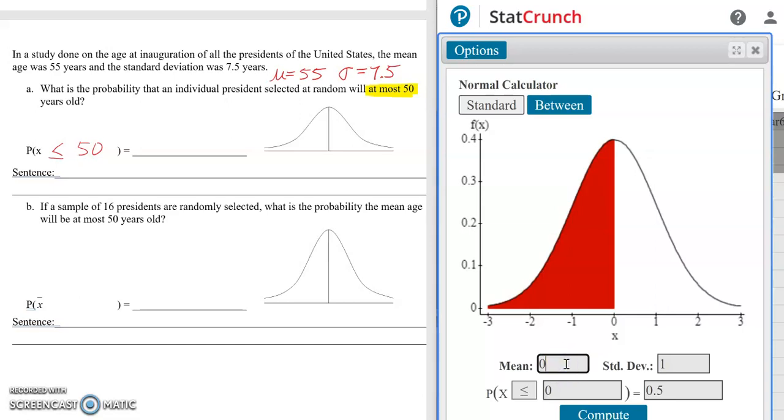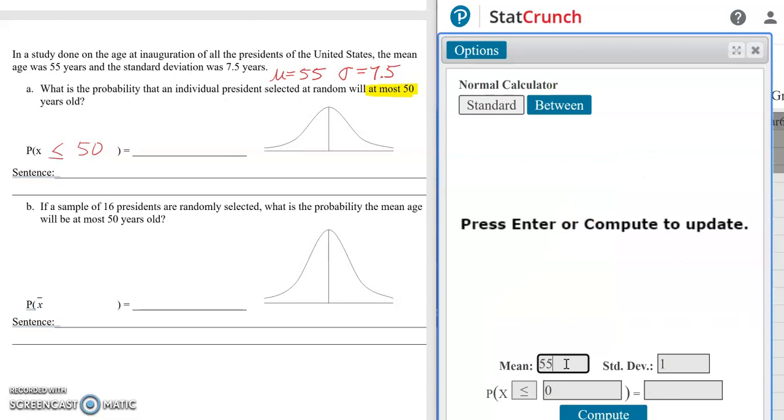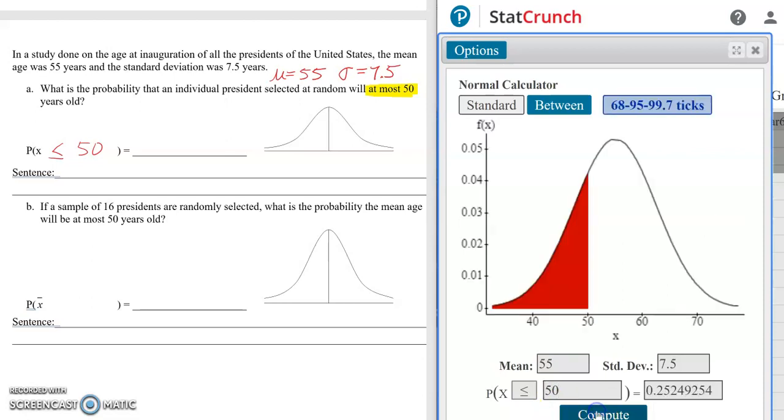So in this problem, we change the mean to 55 and the standard deviation to 7.5. Then for x, remember, at most is less than or equal to, and we change that 0 to a 50. And then hit compute.